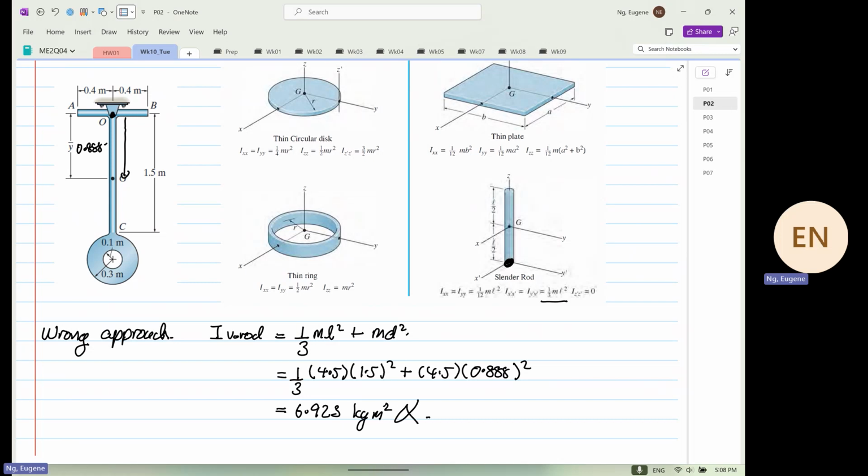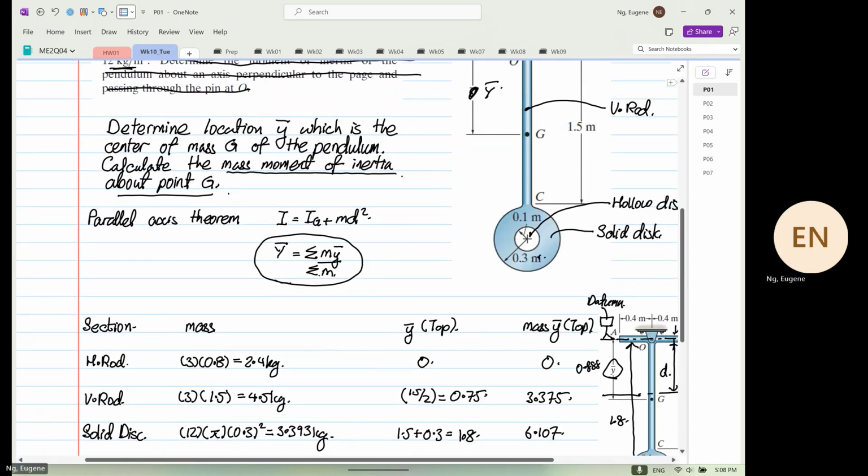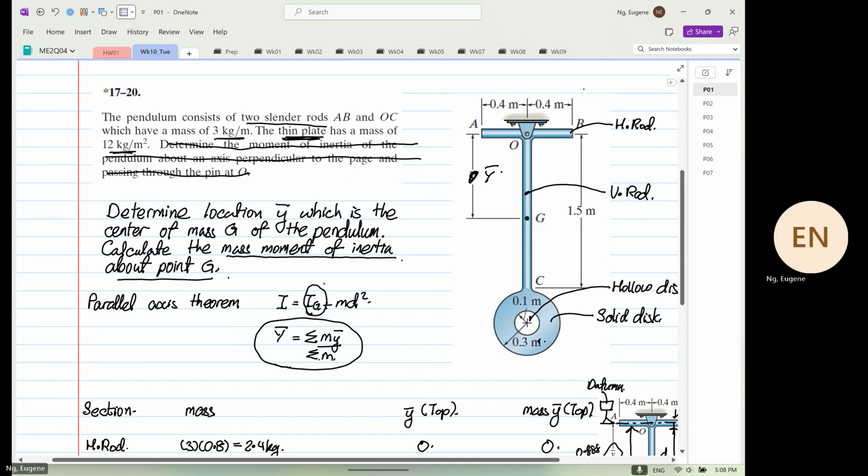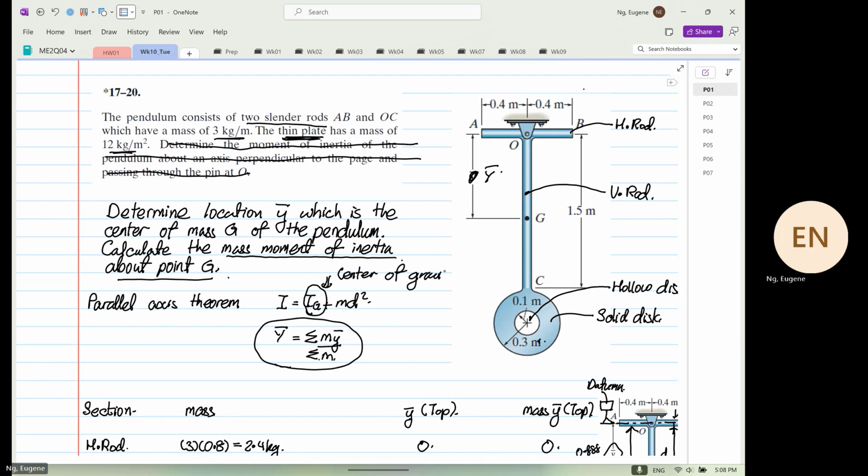And this is wrong. Okay, why? Because for the parallel axis theorem, this I over here has to be what? I over here has to be center of what? Center of gravity, or center of mass. Okay, are we clear? Very important to remember that.